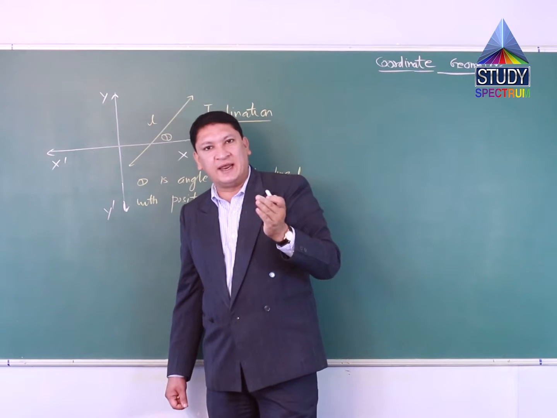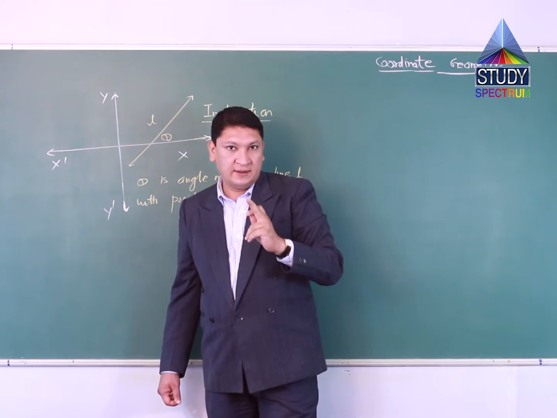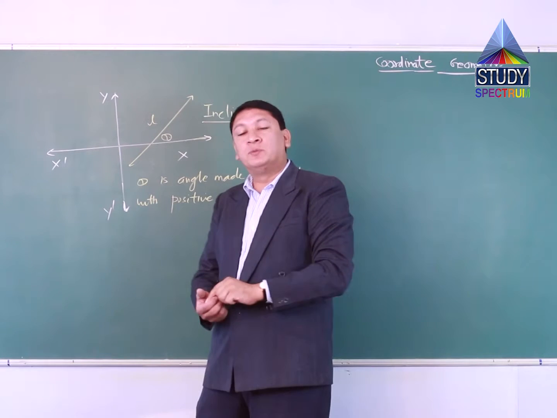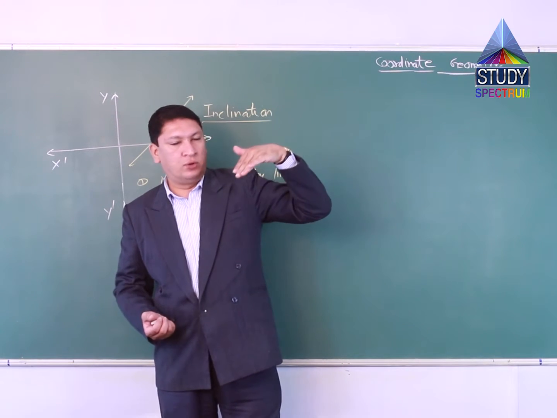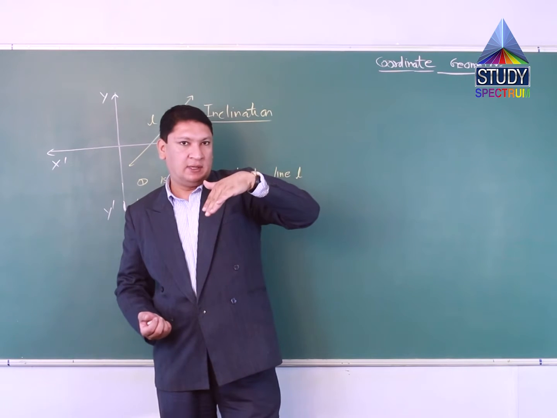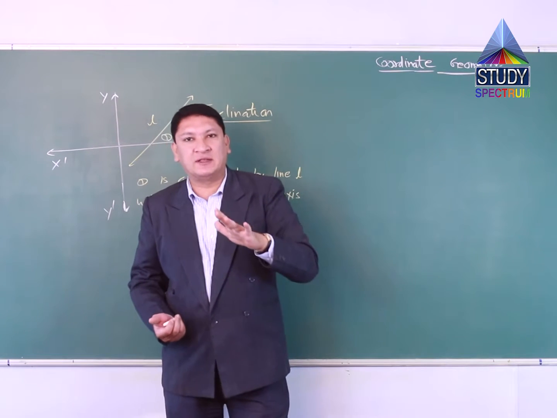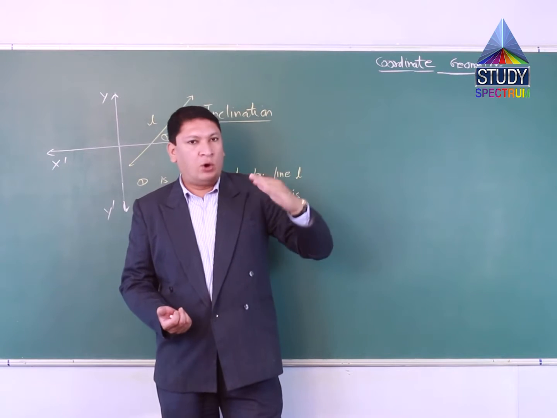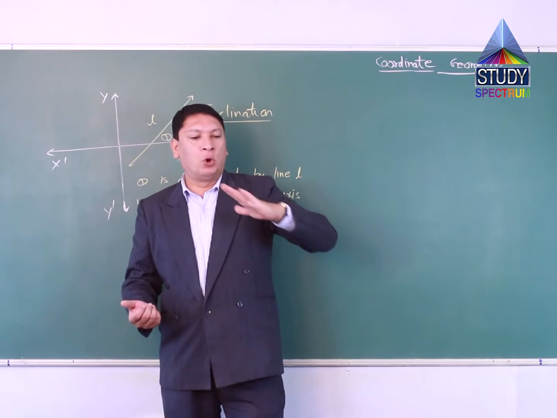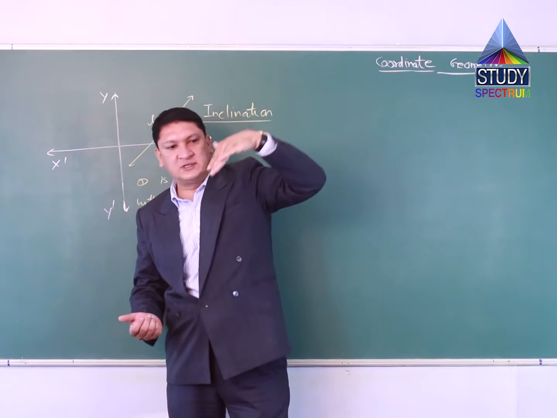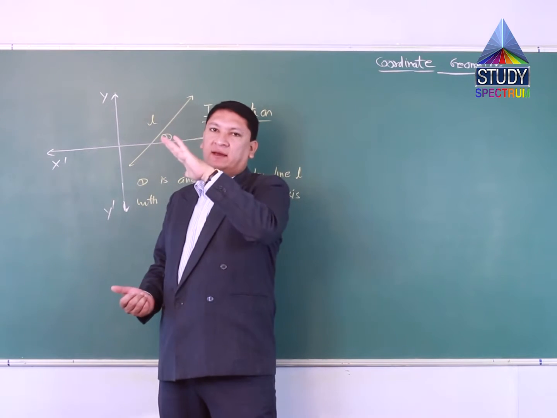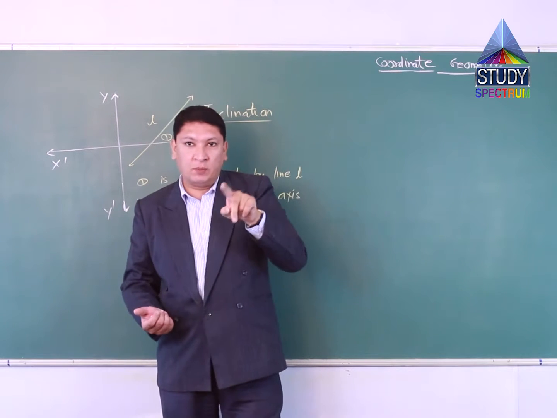When theta is less, inclination is less. You must have observed slope. When a vehicle passes through a road which has inclination, जब हम कभी hilly area में जाते हैं, mountain area में जाते हैं, when you're going from down to up, it's a slope. When you're going from up to down, it's a slope. It's steep, so somewhere some angle is formed.